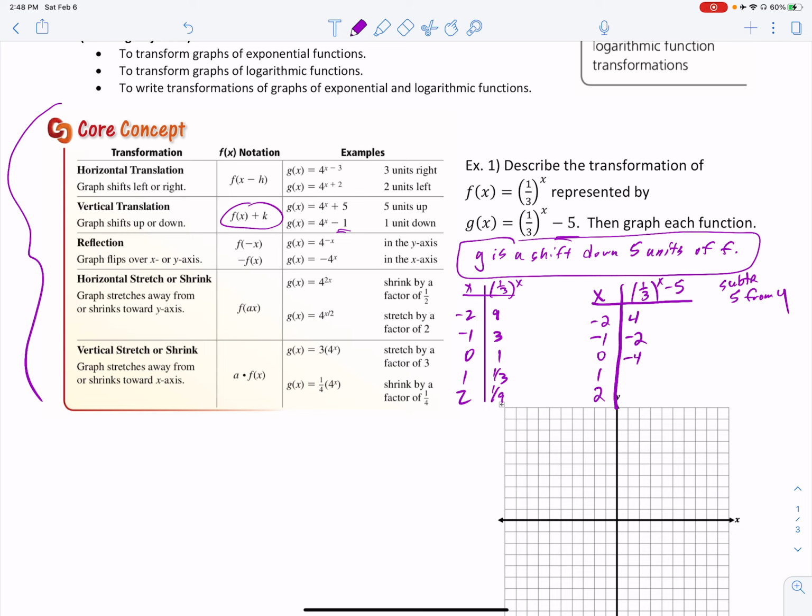And 1/3 minus 5 is -4 and 2/3. And 1/9, sorry, I didn't do that right. 1/9 minus 5 is -4 and 8/9.